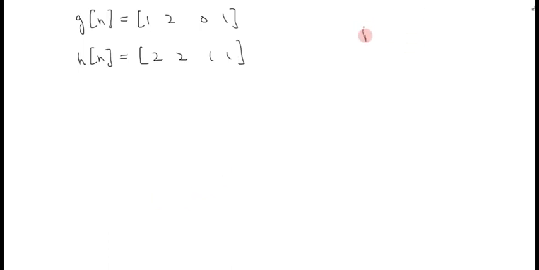So here n is equal to 4, your wn will be equal to e raised to power minus j 2 pi by 4.